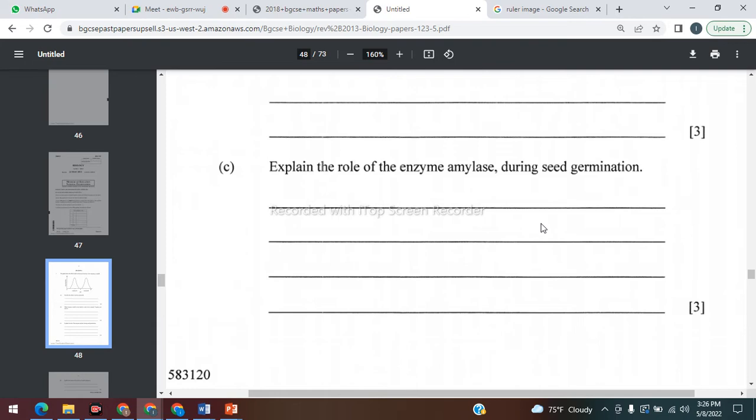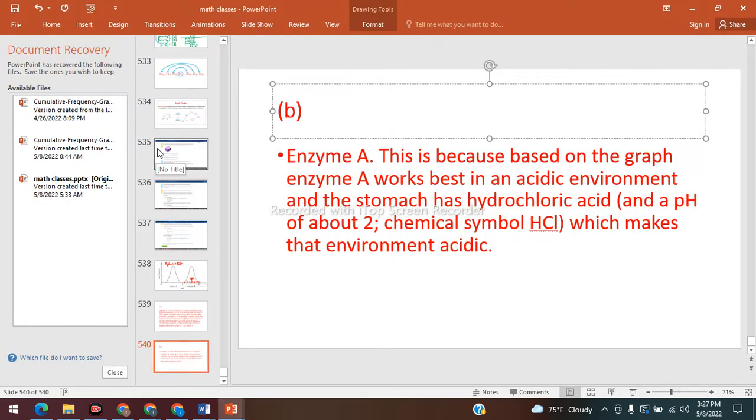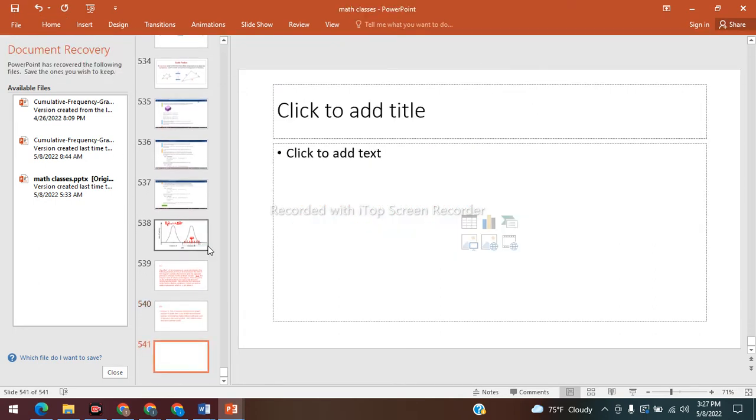Amylase is for breaking down starch into glucose. This would benefit the seed during germination because the seed uses glucose for food. So I'd try to get at least two points for that one. Yeah, you're in the right direction. I mean, you said the answer. And then I guess you could explain germination too, which is the growth of the plant.